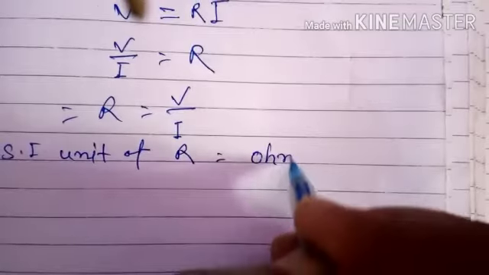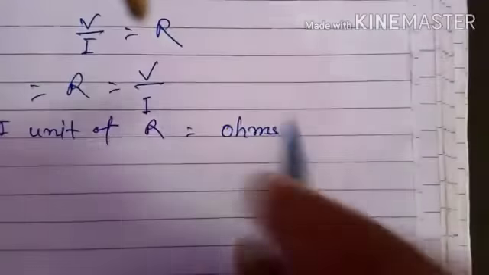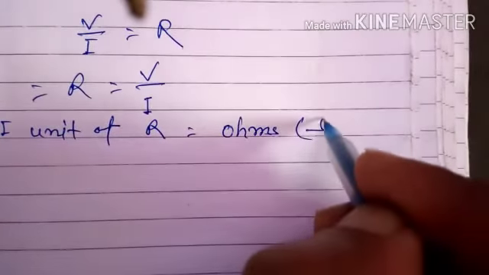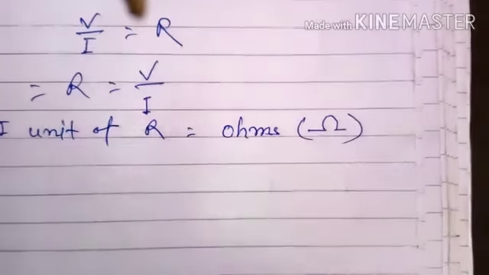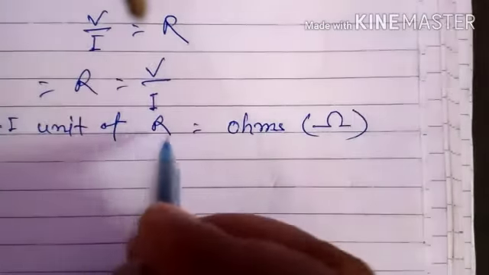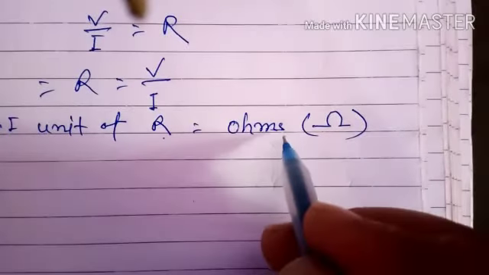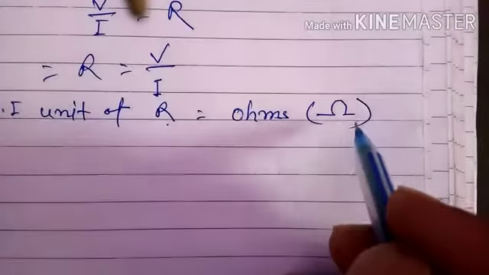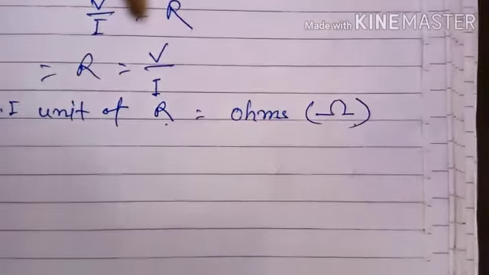It is ohms, and this ohm is represented by the symbol omega. So the SI unit of resistance is ohms, and this ohm is represented by omega.